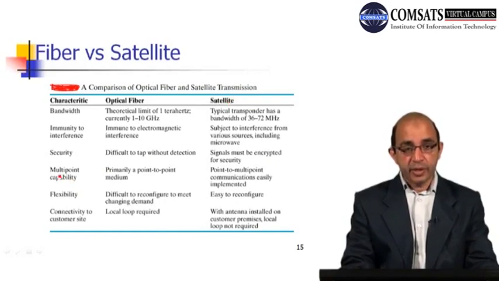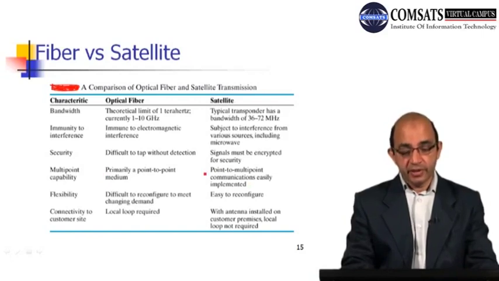And then multi-point capability. Primarily for optical fiber, we have a point-to-point medium, right? We start from one point and we end up at the other point. That is point-to-point. So at the moment we only have point-to-point in case we are using optical fiber.